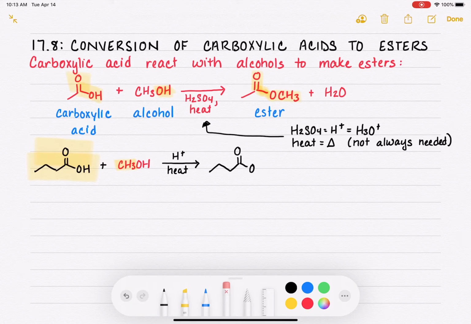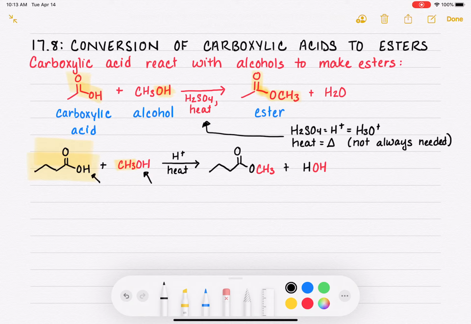And we have the hydrogen that we lost from the carboxylic acid coming together with the OH from the alcohol to make our water product. So that's not too bad. This reaction is not that tricky.